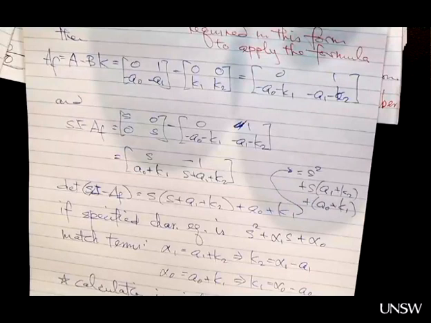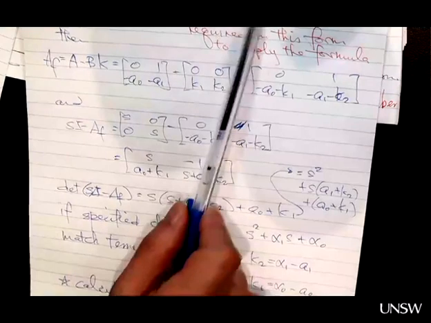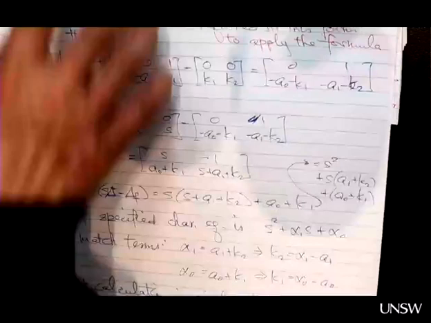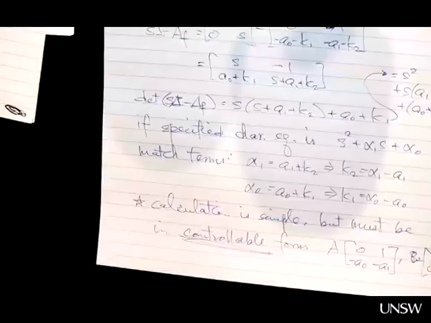Now, if it is not given in this form, you can transform to this form, and then you can apply Ackermann's formula because it is easy to calculate.